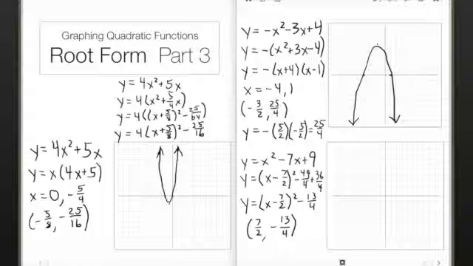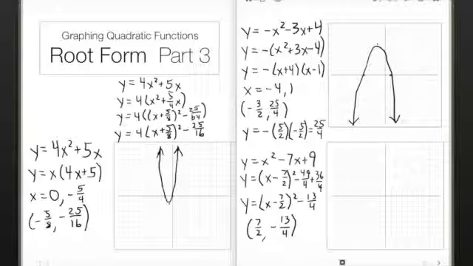So why was this faster than using the quadratic formula? Well, that's because the quadratic formula would only give us the solutions for x, the x of the vertex. Then we would have to plug that number back in to find the y value. Here we didn't actually solve this equation for x; we just converted it into vertex form.